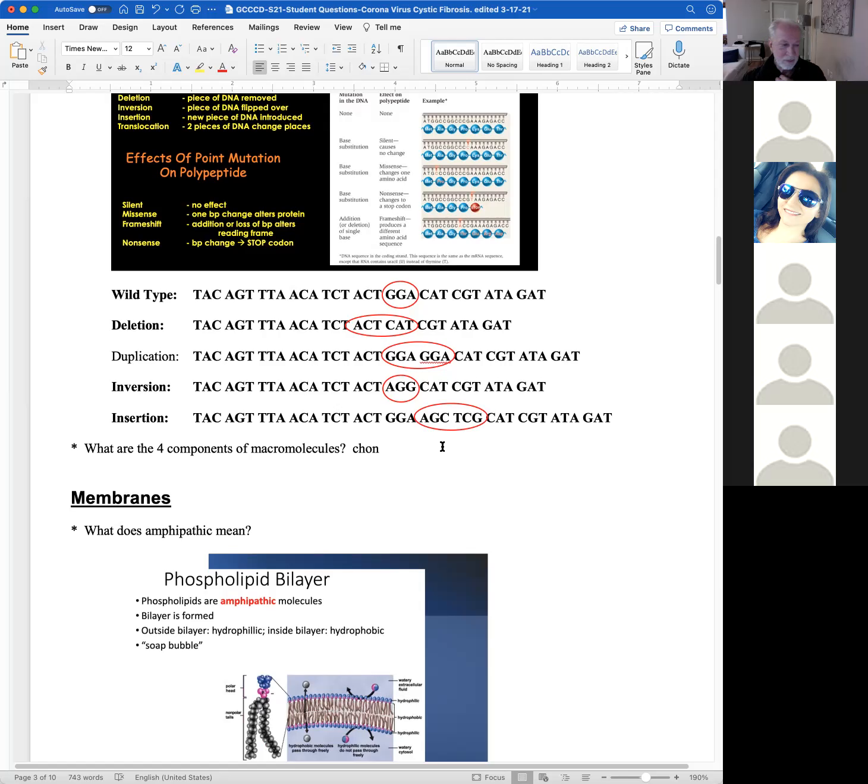Okay, so those are the 4 macromolecules. But this question, at least as I understand it, is what are the components of these macromolecules? What are the atoms the macromolecules are made of?